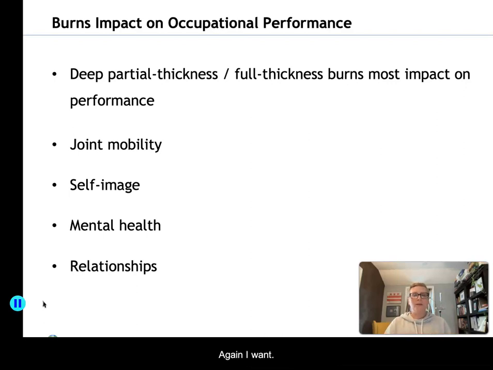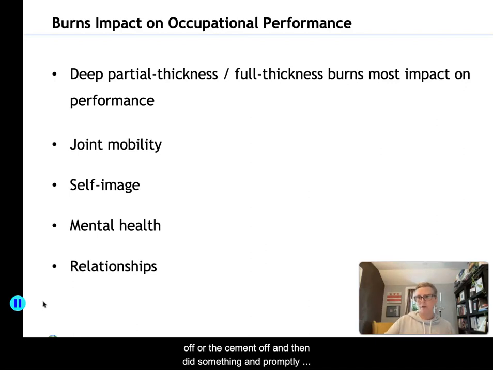Again, I once literally pulled a hot pan out of the oven, put it on the stove, and then took the mitt off, and then did something and promptly turned around and put my hand right on the handle and got a big blister in the middle of my palm.